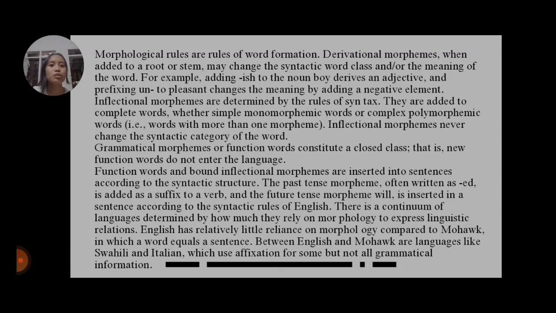There is a continuum of languages determined by how much they rely on morphology to express linguistic relations. English has relatively little reliance on morphology compared to Mohawk, in which a word equals a sentence. Between English and Mohawk are languages like Swahili and Italian, which use affixation for some but not all grammatical information.